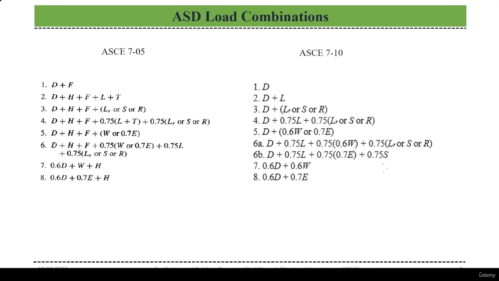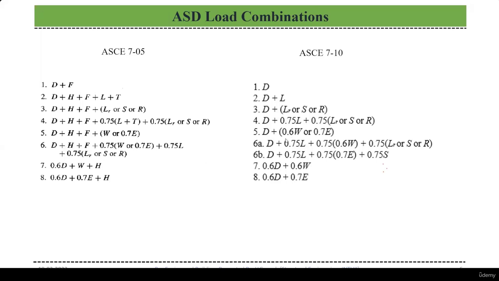So if you observe here, ASD combinations compared with ASCE 7-10, all the things are similar, but when coming to the wind load, they are using no coefficient for wind load in ASCE 7-05, but they are using 0.6 wind load in ASCE 7-10.